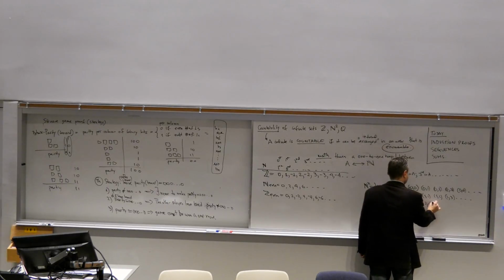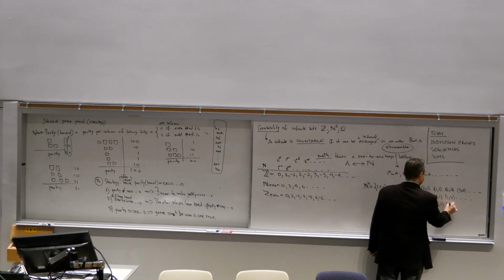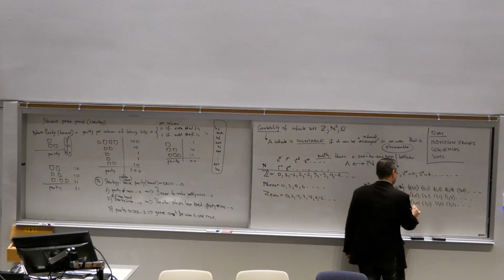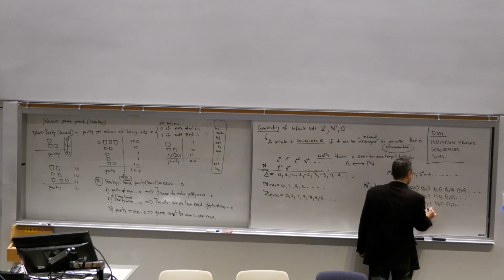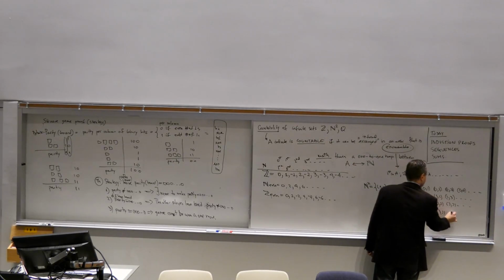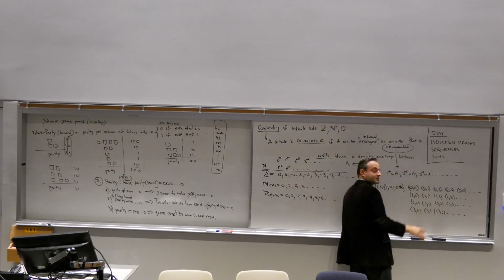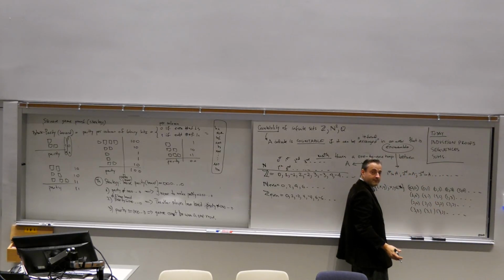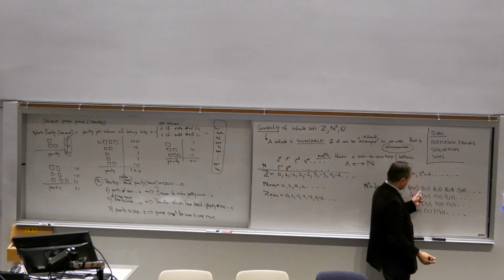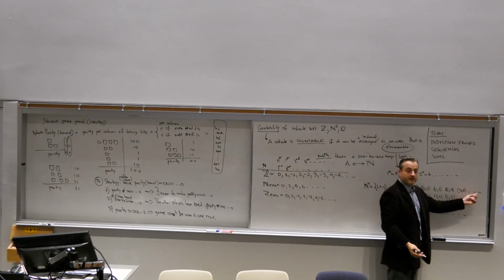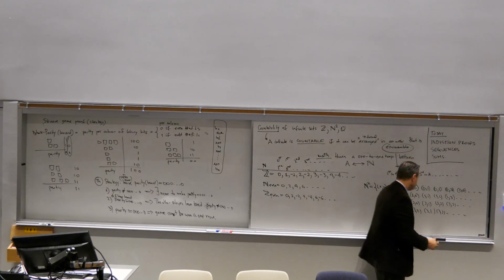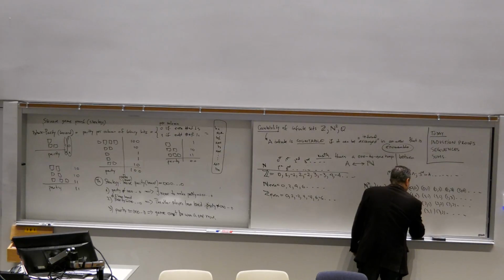Then 2, 0, 2, 1, 2, 2, 2, 3, so on and so forth. Then 3, 0, 3, 1, 3, 2. Every one of these goes to infinity, right? Because every natural number can be paired with every other natural number. So then I have dot, dot, dot.